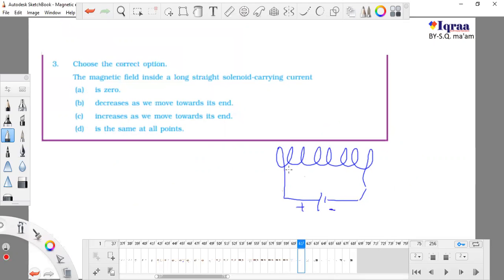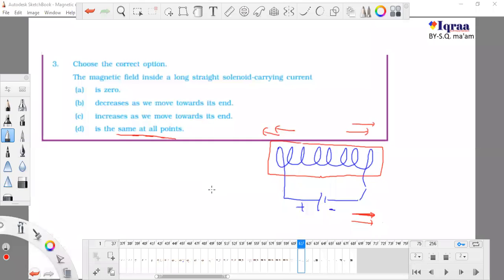The question asks that the magnetic field inside the solenoid is zero, or if we move from one point to another it will decrease, or increase, or stay the same at all points. What is the correct answer?